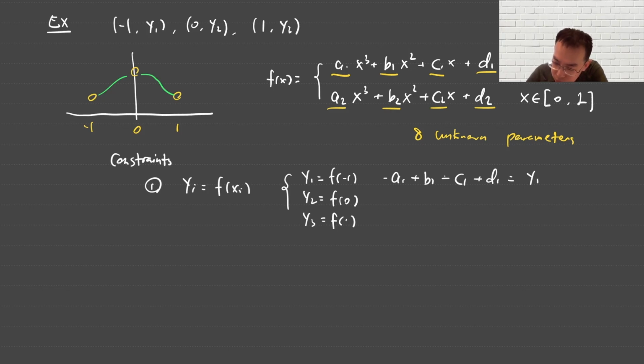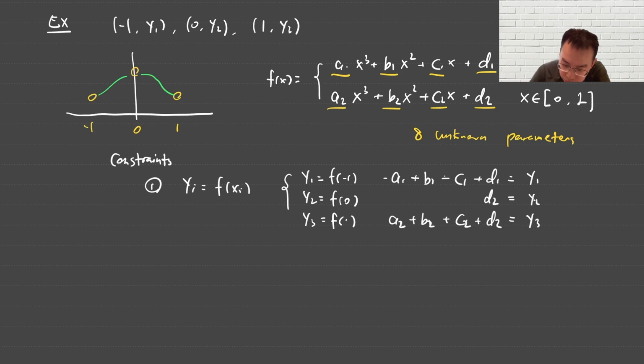The second one is easy: d2 equals y2. And the third is a2 plus b2 plus c2 plus d2 equals y3. Now we have 3 equations from here.